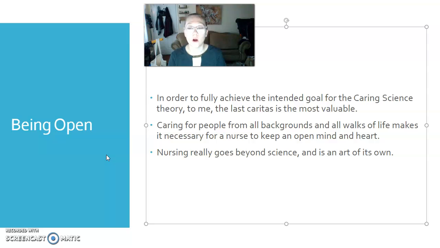Caring for people from all backgrounds and all walks of life makes it necessary for a nurse to keep an open mind and heart. Nursing goes beyond science and is an art of its own because of how we are able to navigate the different people and different situations we deal with every day.